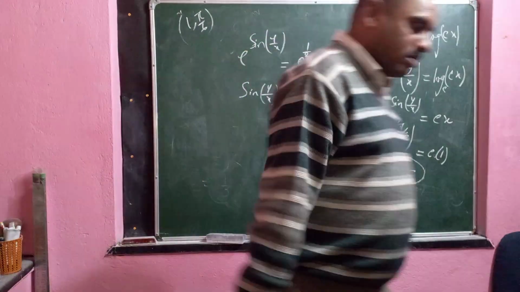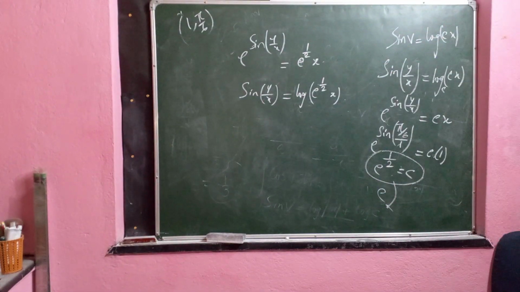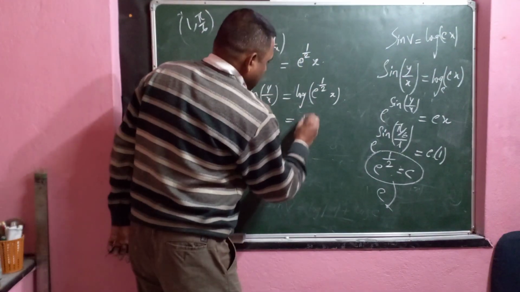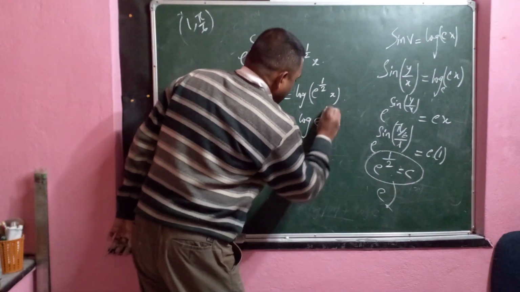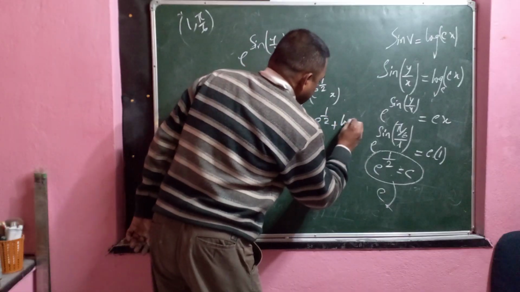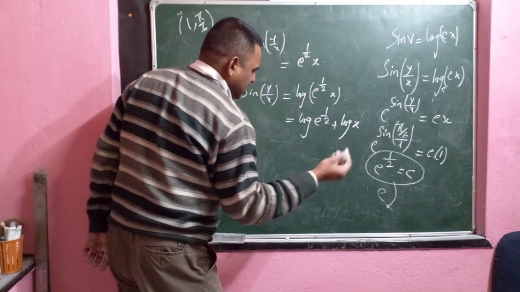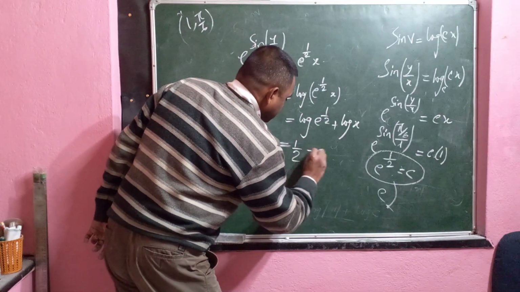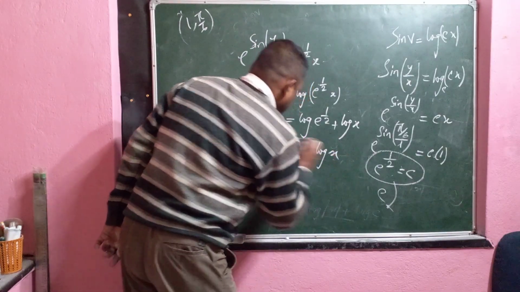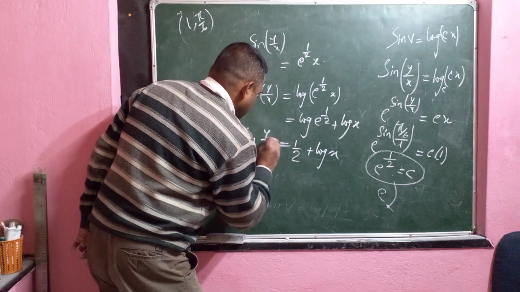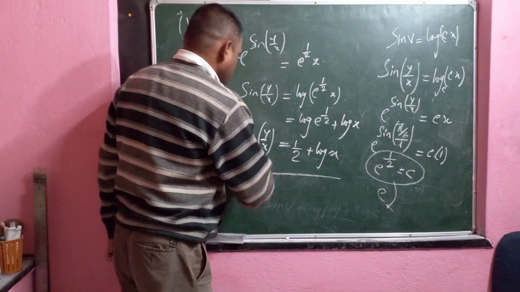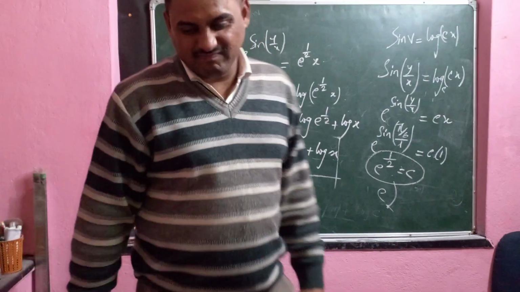So an option is sin(y by x) equals log x plus half. If you separate this, you'll see log e to the power half plus log x. So the first will be the option as per JEE Advanced IIT. So this is half plus log x, sin(y by x). This is your end option A, I think.